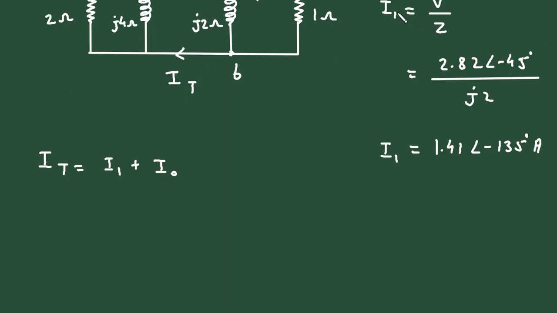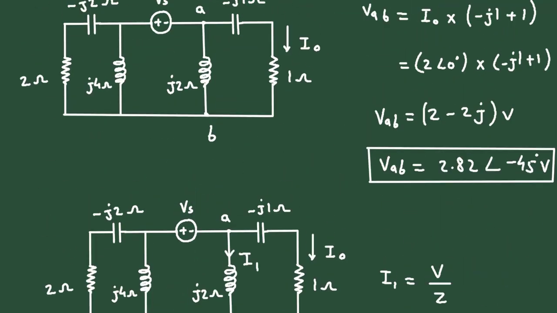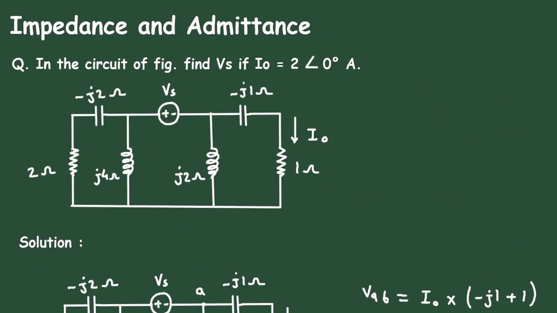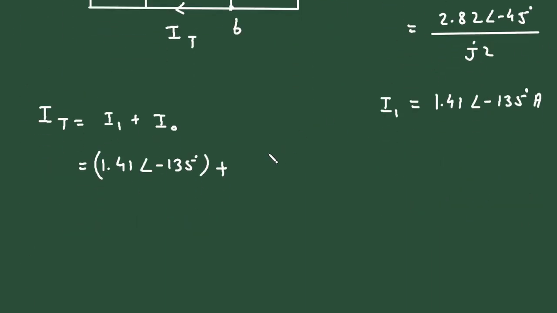So the value of I1 is 1.41 at an angle minus 135 degree, then plus the value of I0, which is given as 2 at an angle 0 degree.